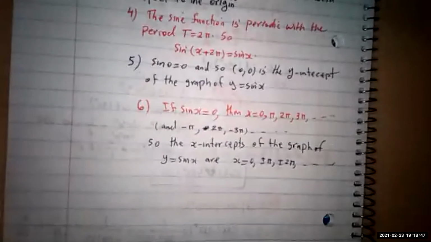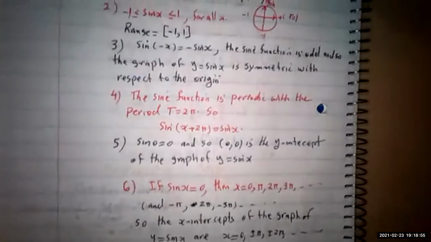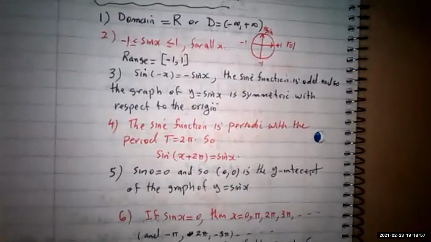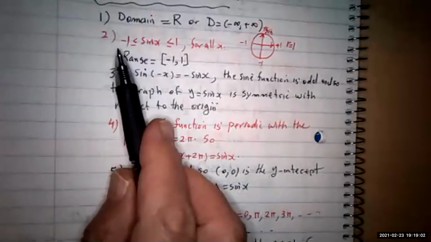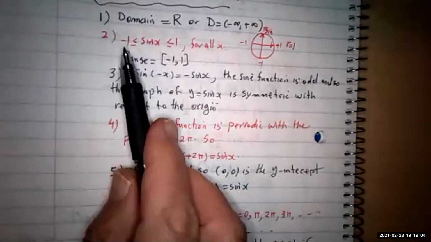Any question? Since the range is negative 1 to 1, the maximum value that you can have is 1. The minimum value that you can have is negative 1.